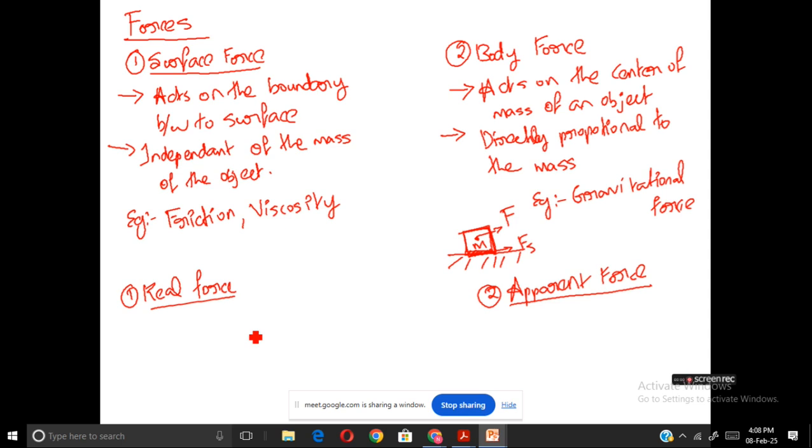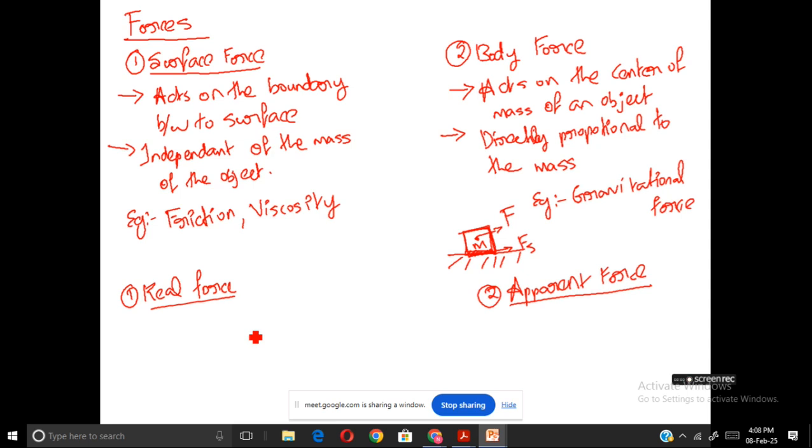A real force occurs in an inertial frame of reference. An inertial frame of reference is a frame of reference which is at rest or is moving with a uniform velocity. And Newton's laws are valid in the inertial frame of reference.